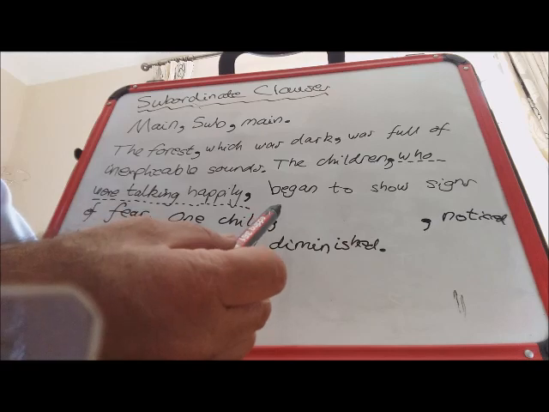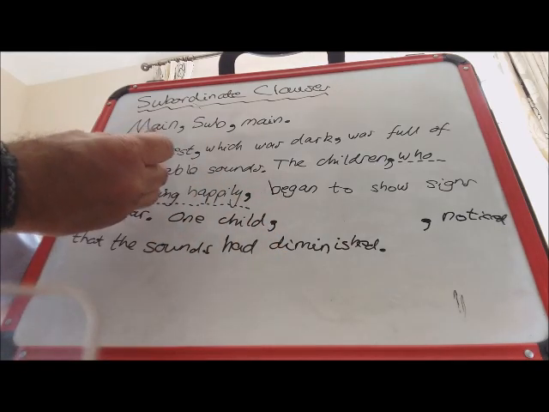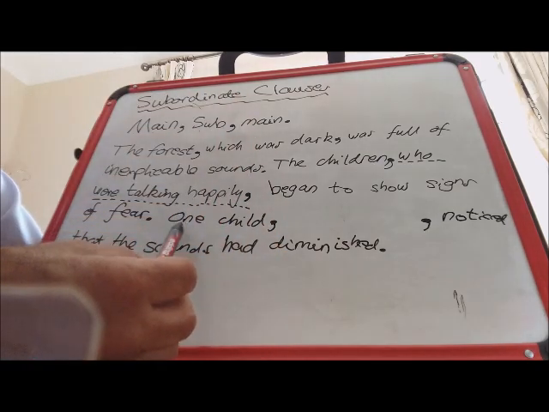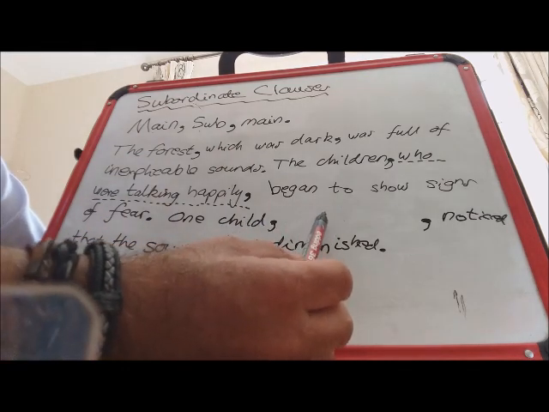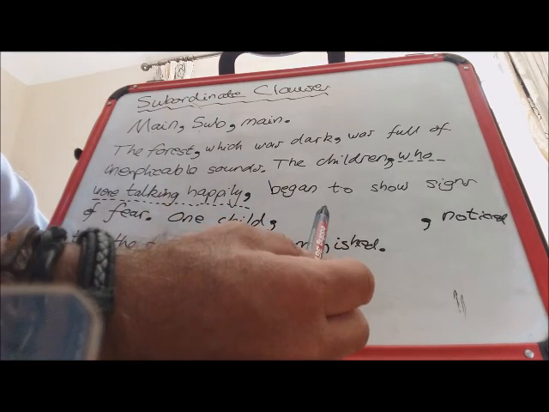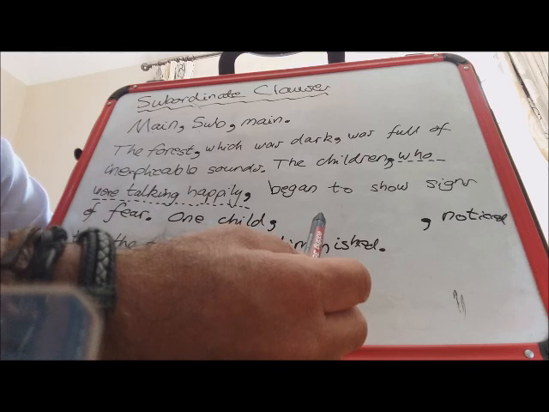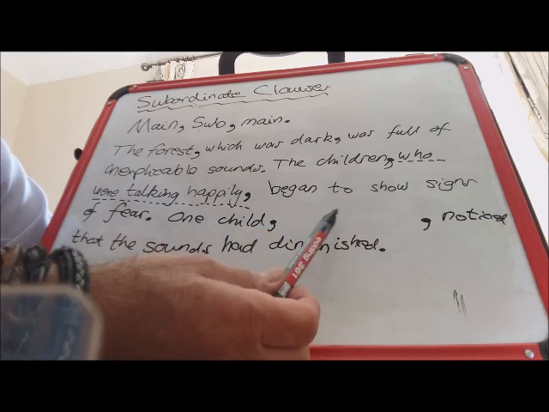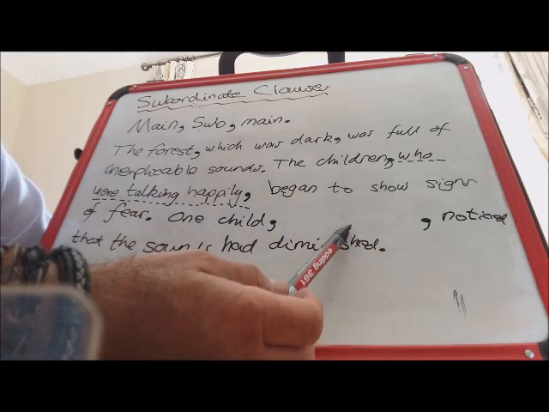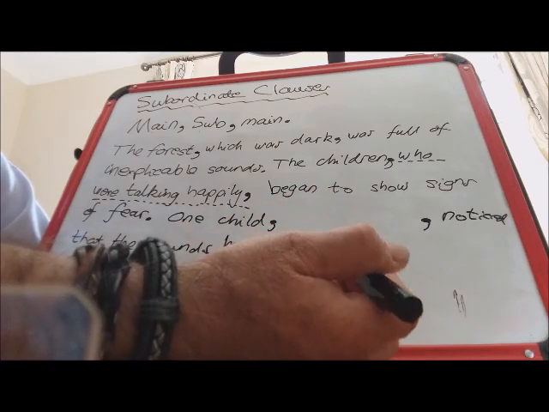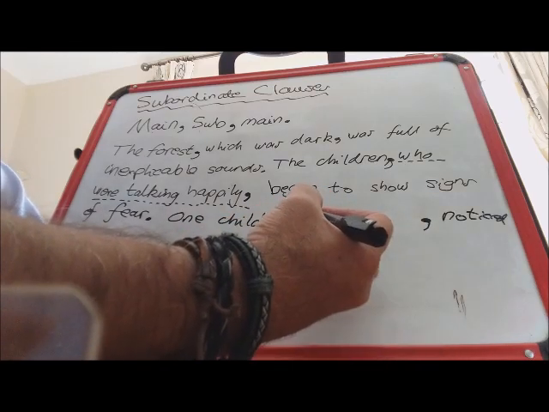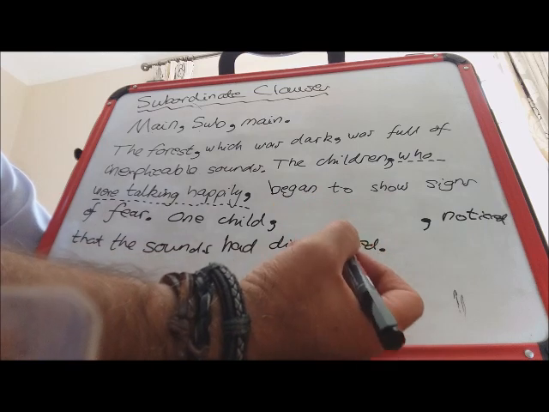But we need to know, remember, main, sub, main type of sentence, we need to say something else about the child. So one child, now we could say one child who was wearing pink pyjamas, but that would be, well, first of all, a bit pointless, and secondly, a bit silly. Let's say that he was carrying a torch though, okay? Which is what you'd expect in a forest when it's dark.